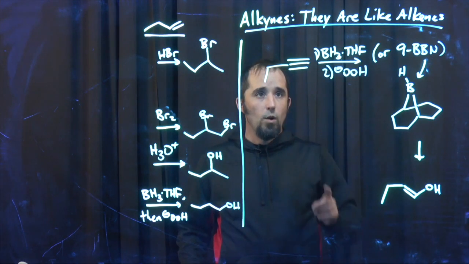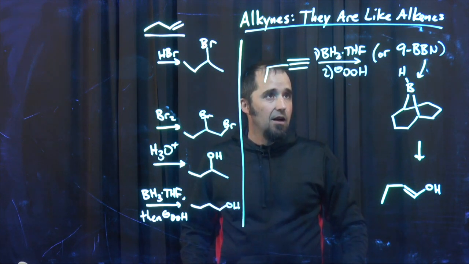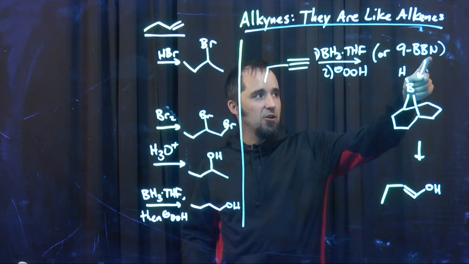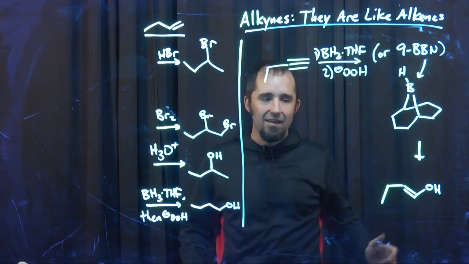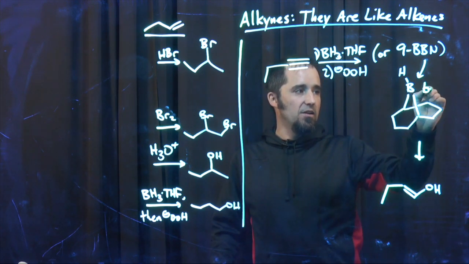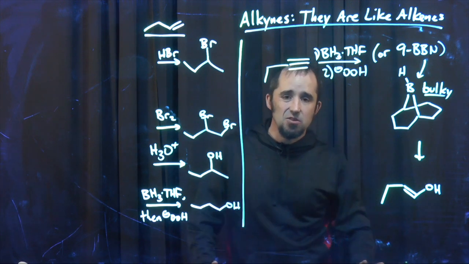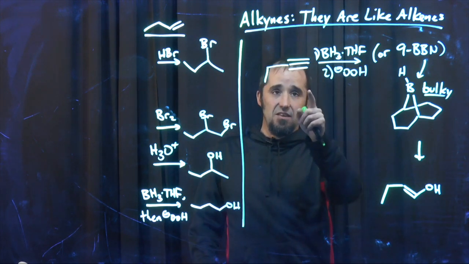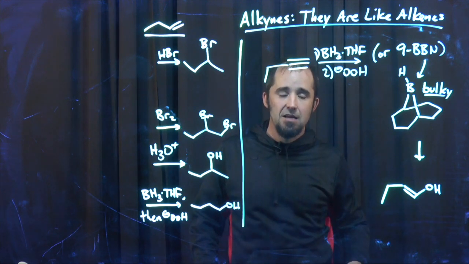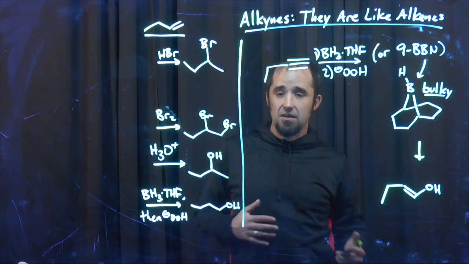Finally, when I've got an alkene and I do hydroboration on it, I could use BH3, but many times I'm going to use something called 9-BBN. Why is that? This is 9-BBN, and the reason we use it is because it is a bulky borane. The selectivity, the reason that I would react only on the end and not in the middle, I mentioned had to do with forming a cation and the selectivity there.